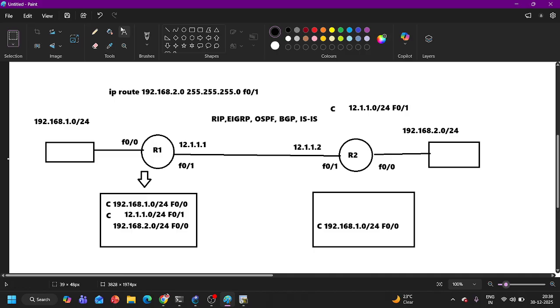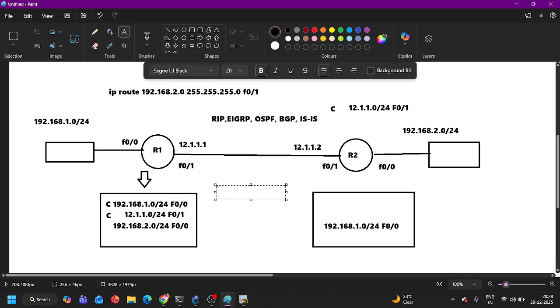In EIGRP, it is going to be D. In EIGRP, it can be denoted with D or D EX. EX means EIGRP external route. D means EIGRP internal route.